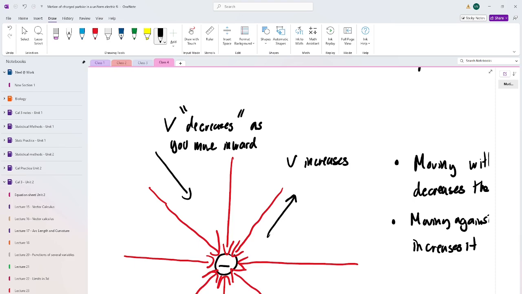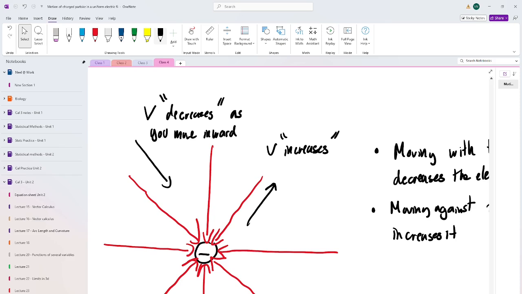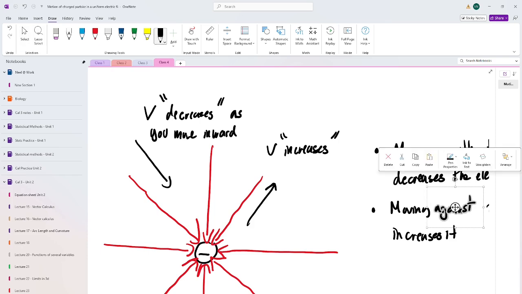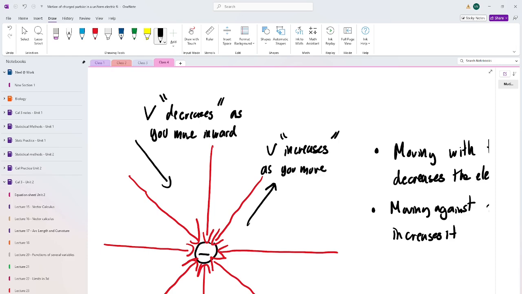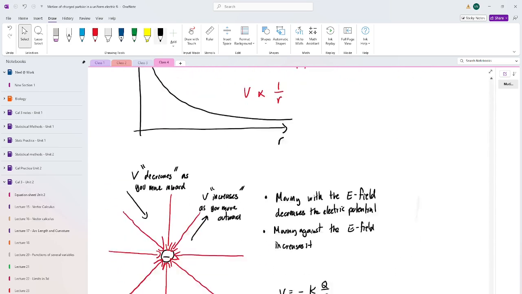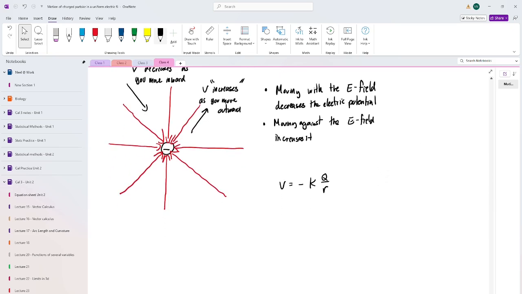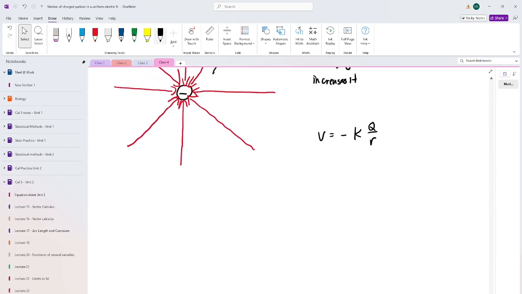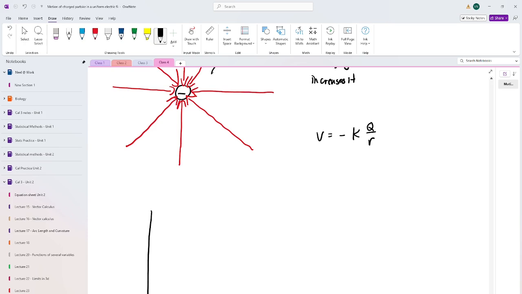When I say increases, I mean that negative value gets less and less negative, so it gets closer and closer to zero, but from the negative side, right? So V increases as you move outwards.